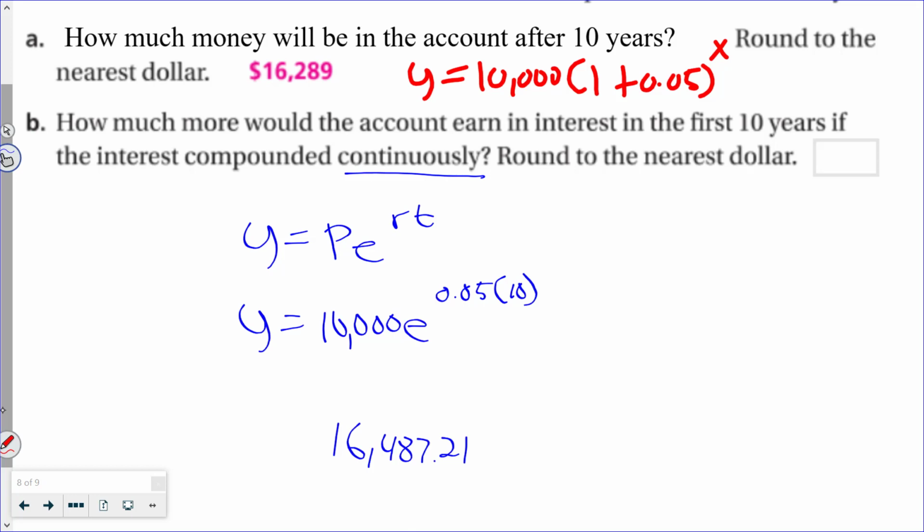And then you subtract that one and that one. Yeah. So what is the final answer? I got 198. Rounded to the nearest dollar is 198.